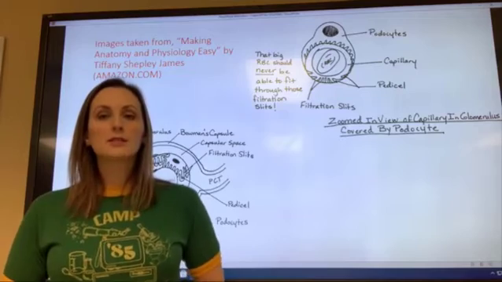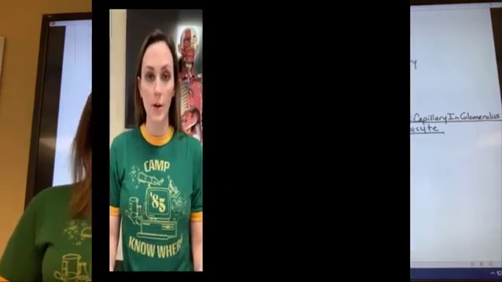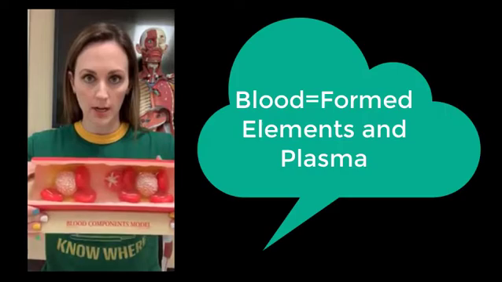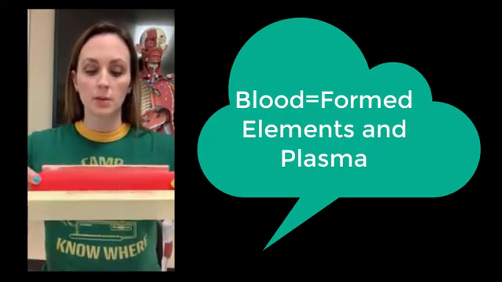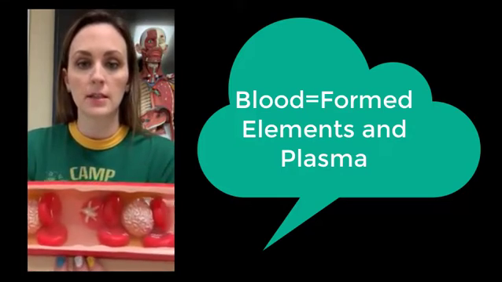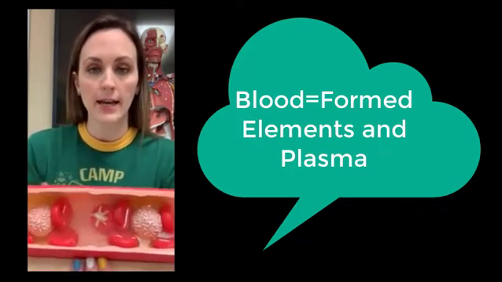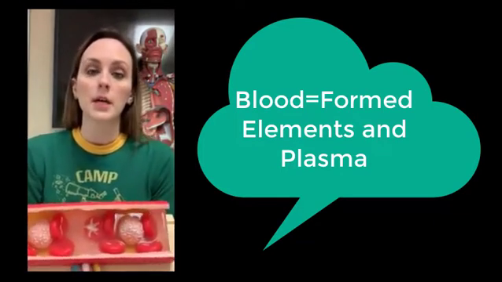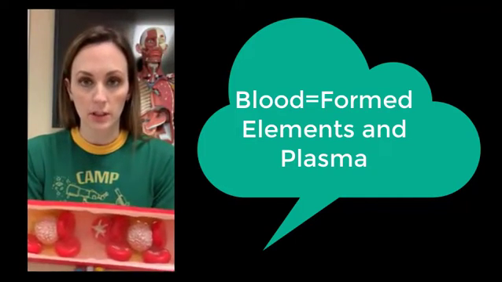So let's look at this in an everyday example. Okay, so here I have a great model of what blood really would look like if we could shrink ourselves down or blow it up really, really big. So this is our blood vessel, and you can see it's opened up so that we can see the details inside. And as we mentioned previously, blood is a type of fluid connective tissue.